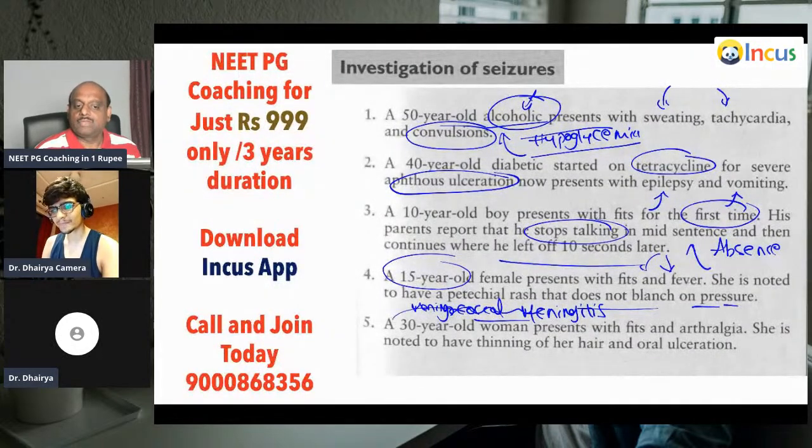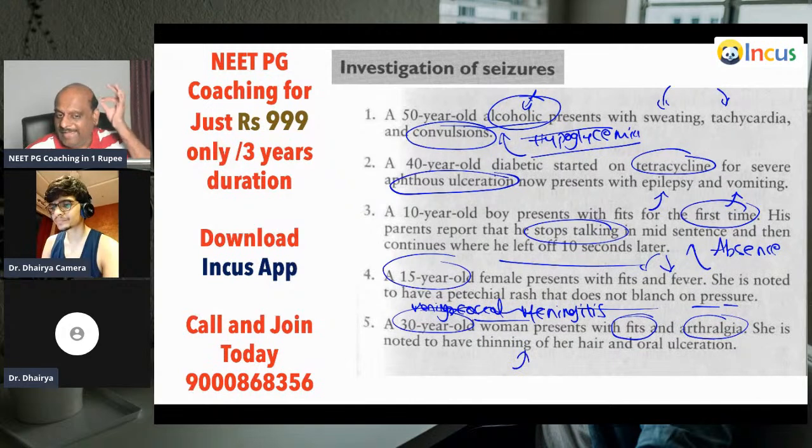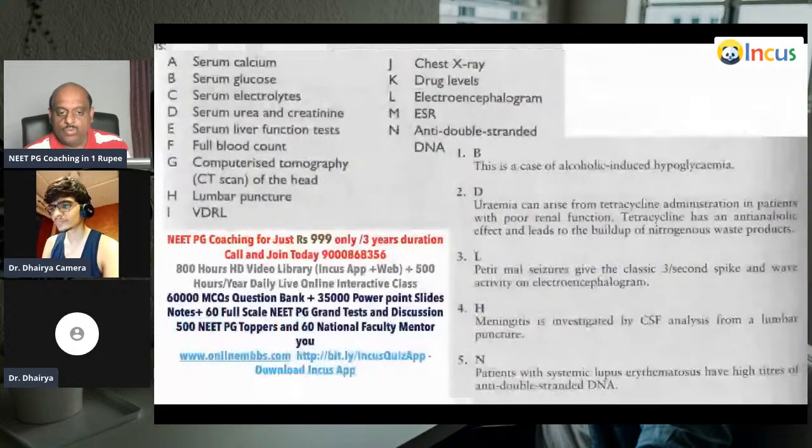A 30-year-old woman presents with seizures, arthralgia, and she's also having thinning of her hair along with oral ulceration. So, what is the possibility and how do we want to evaluate this given case?